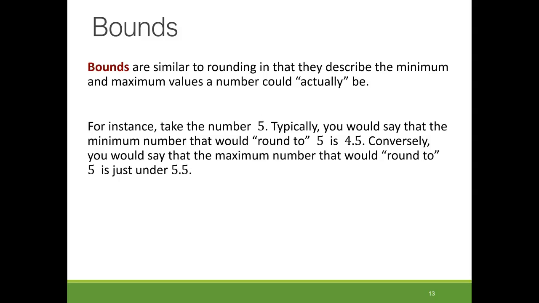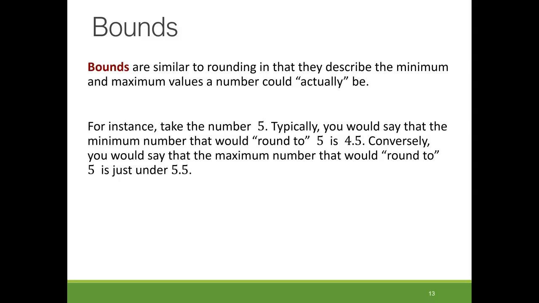So let's look at an example. Let's say we have the number 5. That has no decimals, or is just rounded to the ones place, right? Now, to get to 5, the smallest possible number we could have had that rounded up to 5 would have been 4.5. And the biggest number we could have had that rounded down to 5 would be just the first number below 5.5.